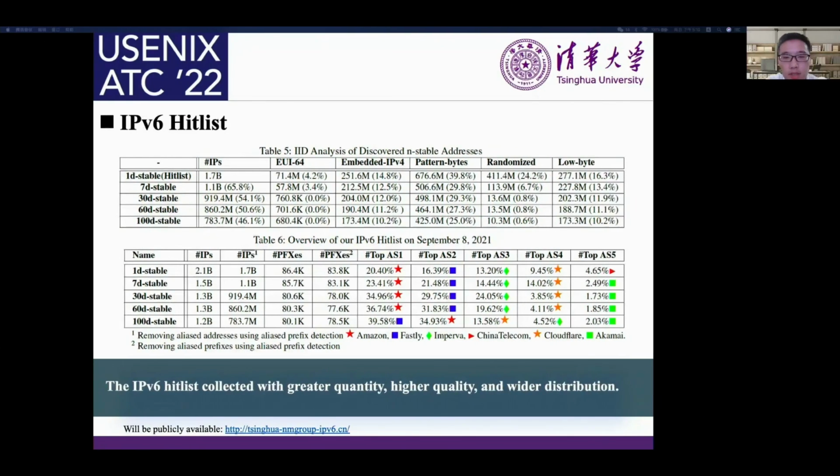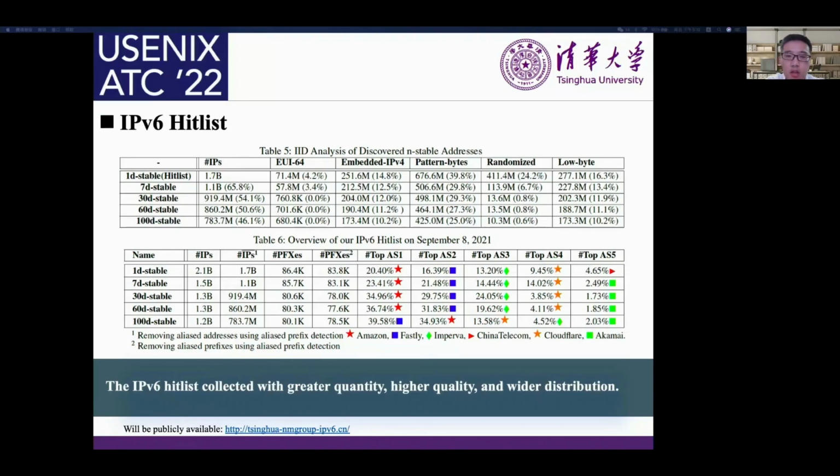We use AddrMiner to probe the global active IPv6 addresses and found 2.1 billion active addresses, covering 86.4% of prefixes announced by BGP within 9 months.